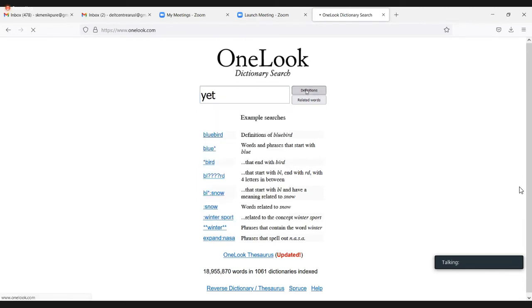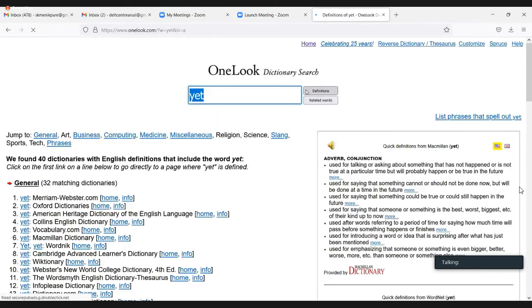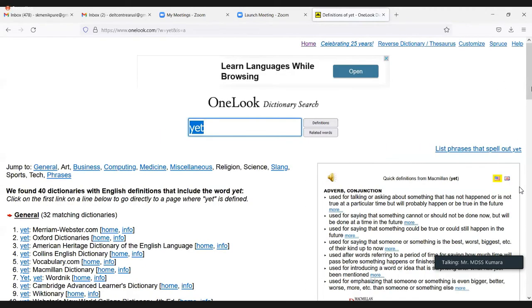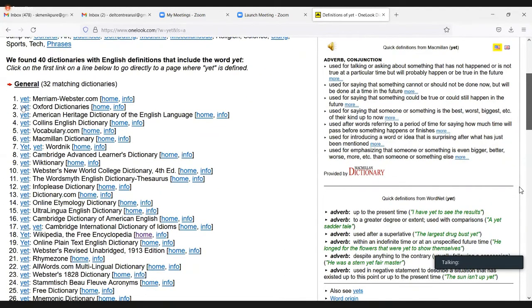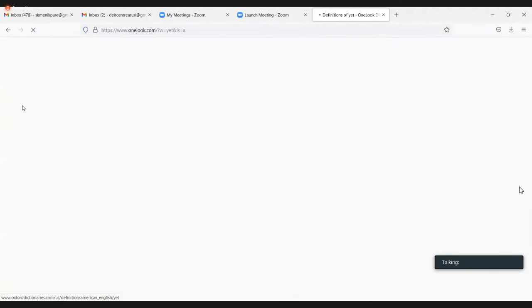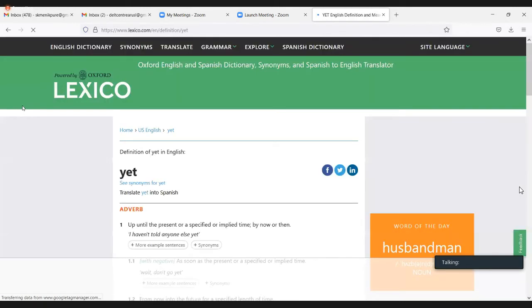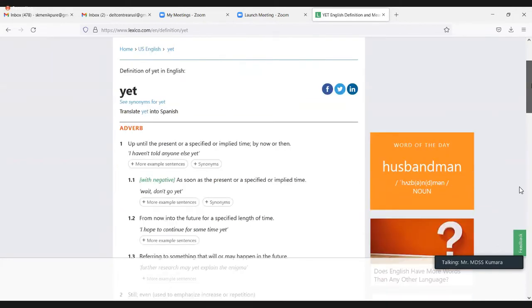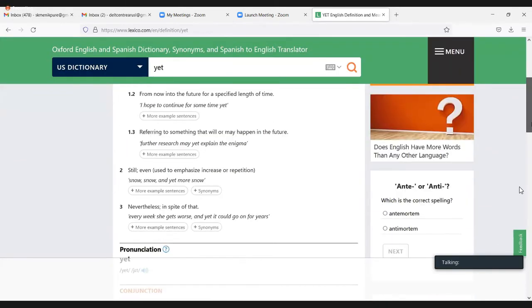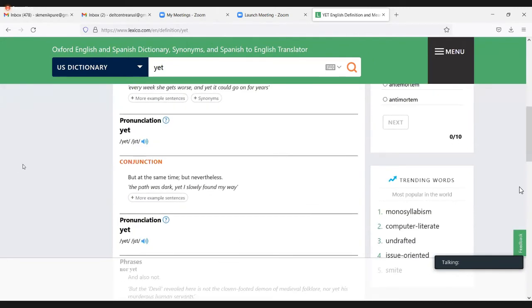So I think the meaning there is a little different. This is both an adverb and a conjunction.